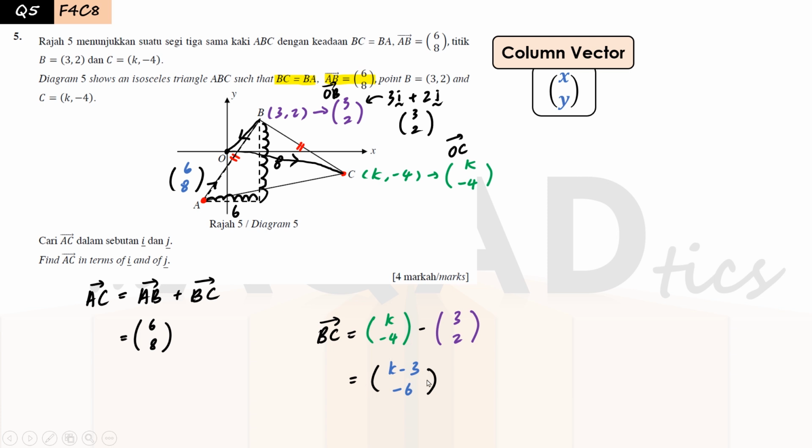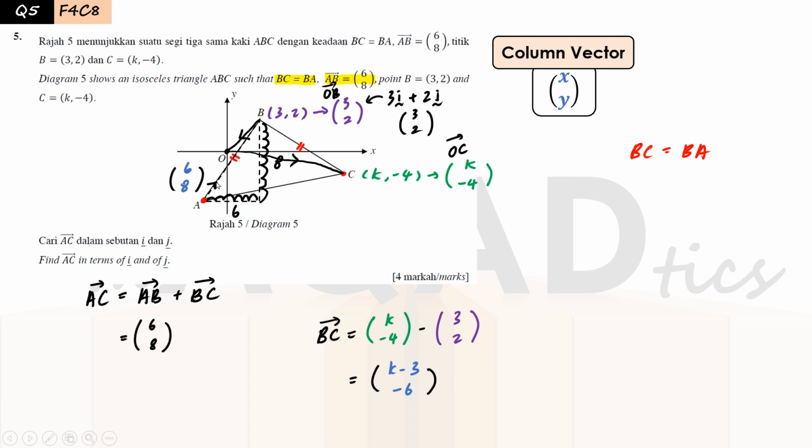Okay, so now coming back here, there's an issue because we don't have the value of k yet. Alright, so to find the value of k, we can use back the first information, which is the lines BC and BA have the same length.